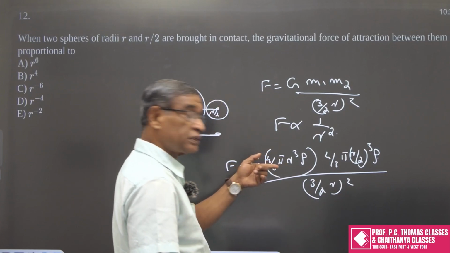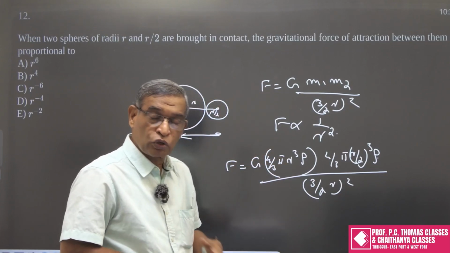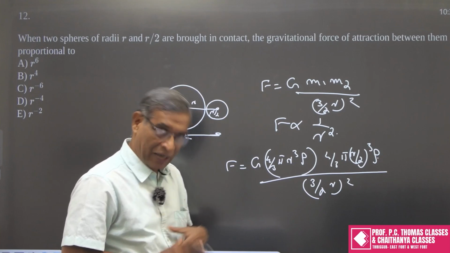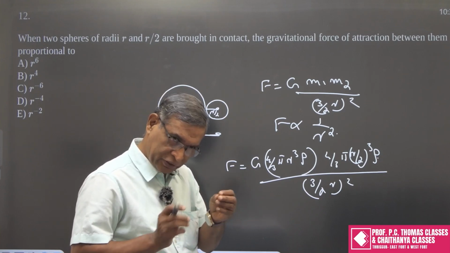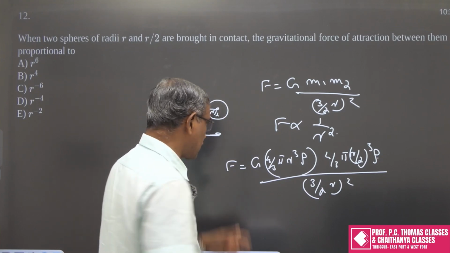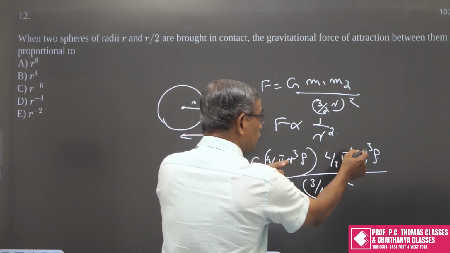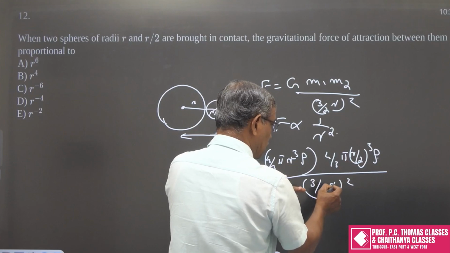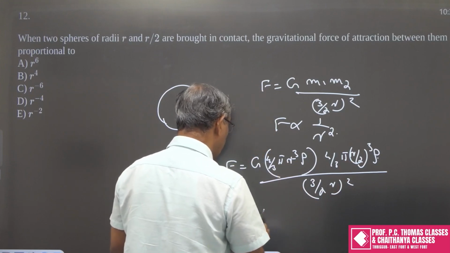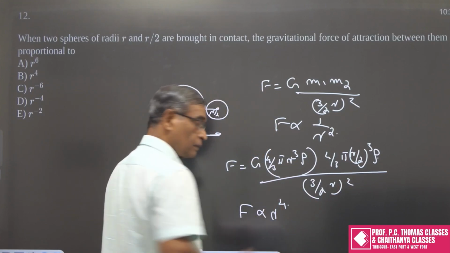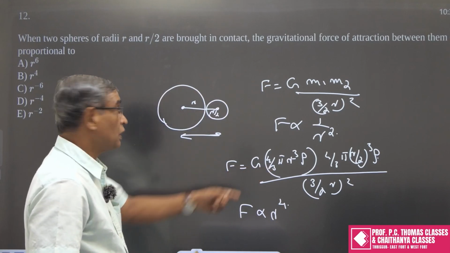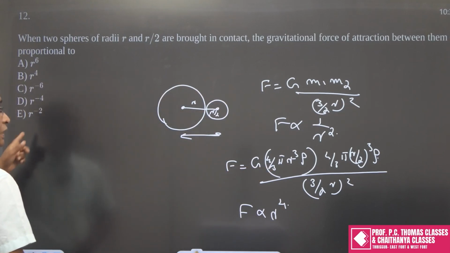If both spheres are made of the same material, or the densities of both are the same, then I have to write the formula like this. In that case, numerator gives r raised to 6, denominator r square, therefore F is proportional to r raised to 4.